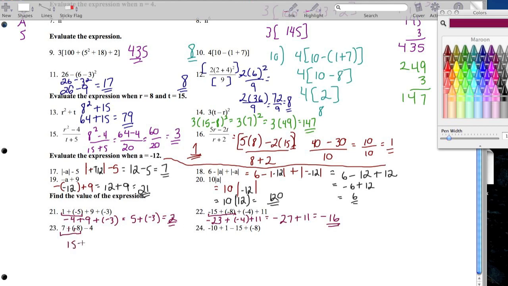Really, this is 15. 15 minus 4 is 11. Okay? And 24. Negative 10 plus 1 is negative 9. Negative 9 minus 15 is going to give me negative 24. And negative 24 plus negative 8 is negative 32.